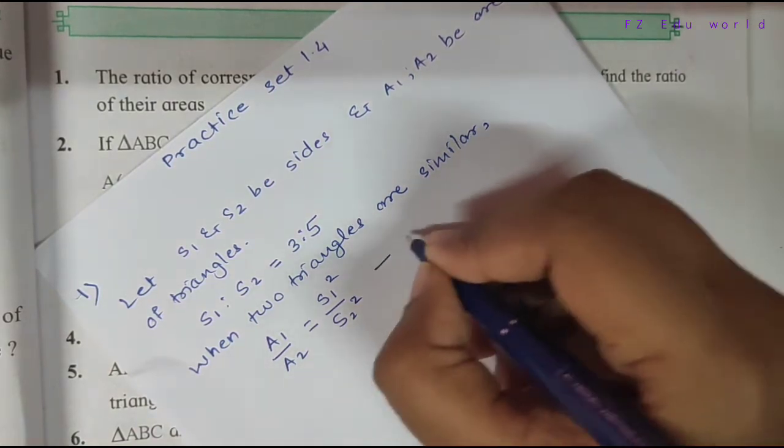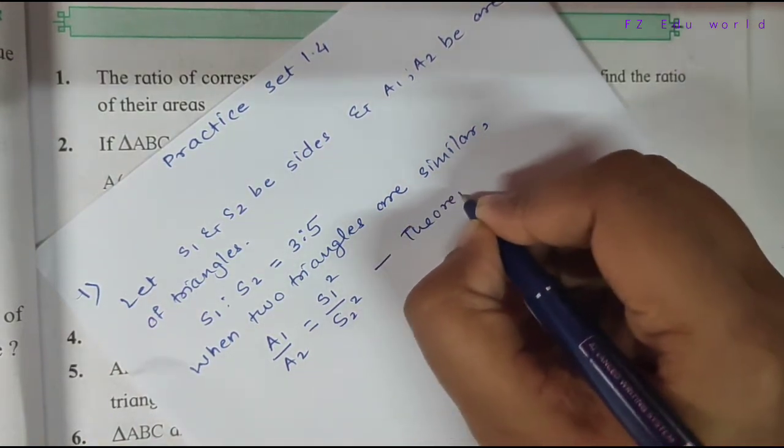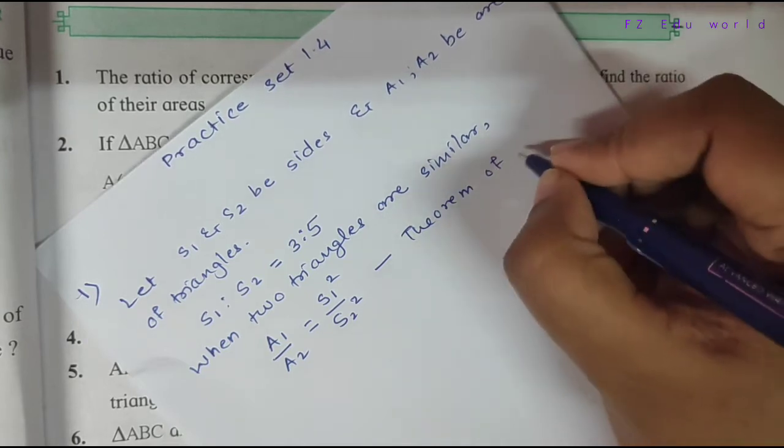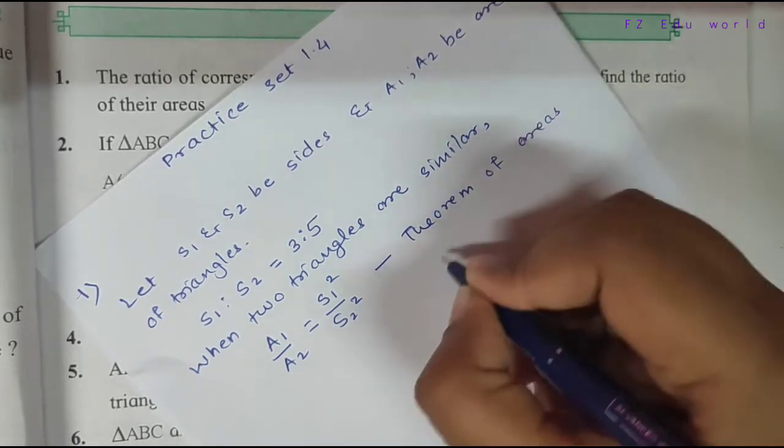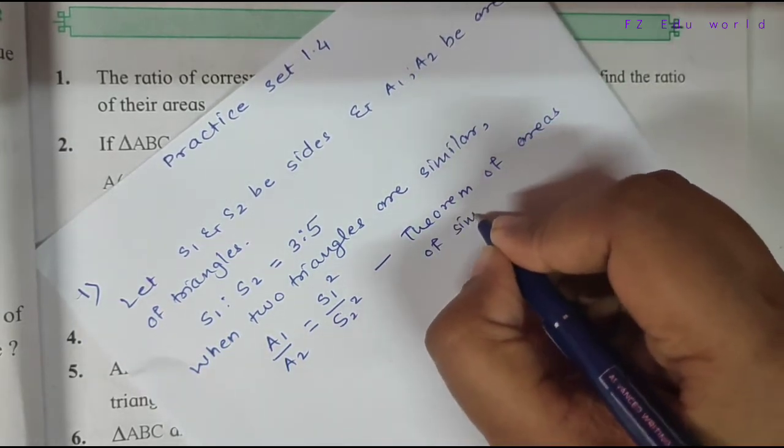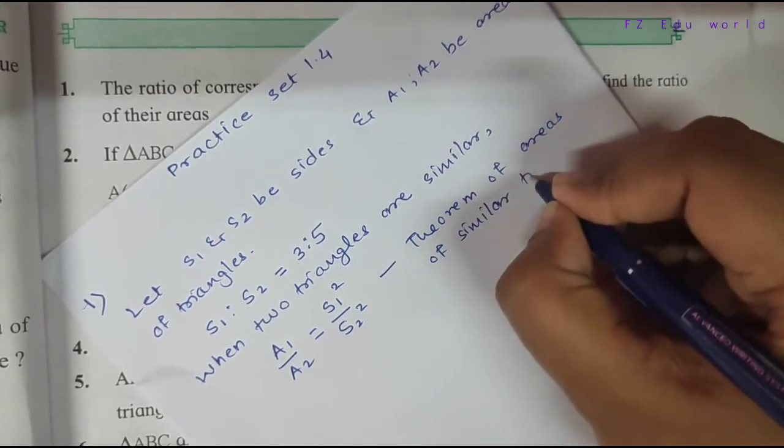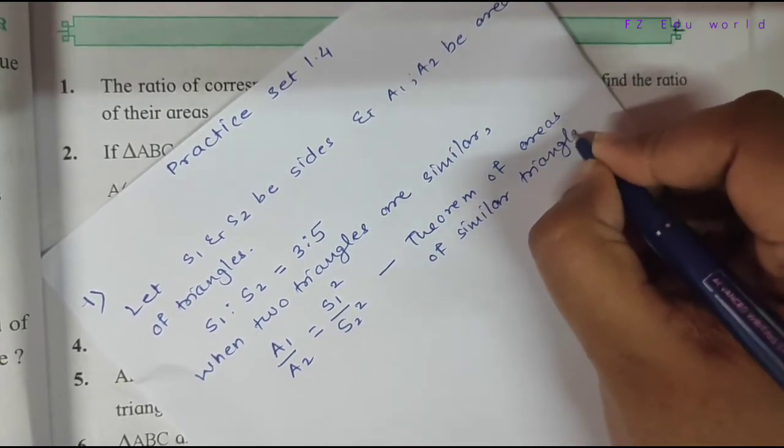This is the theorem of areas of similar triangles.